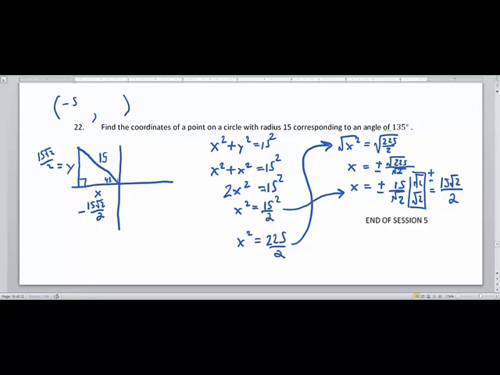This is negative 15 square roots of 2 over 2 for my x, which happens to be this distance from here to here, and positive 15 square roots of 2 over 2 for my y, which happens to be this distance from here to here.